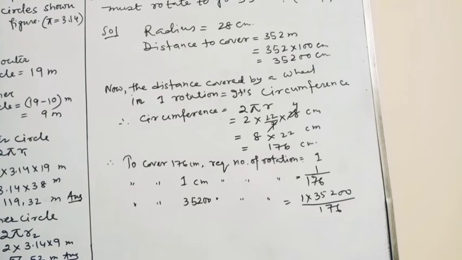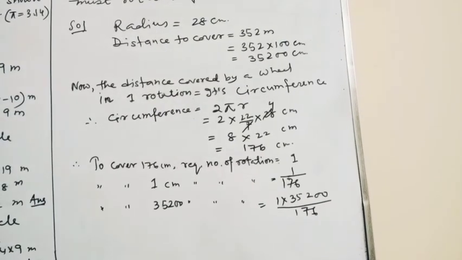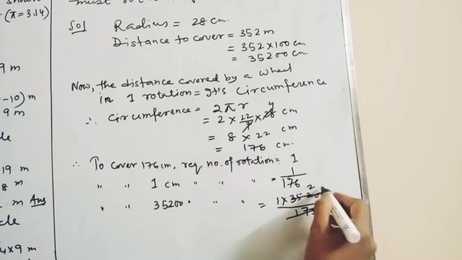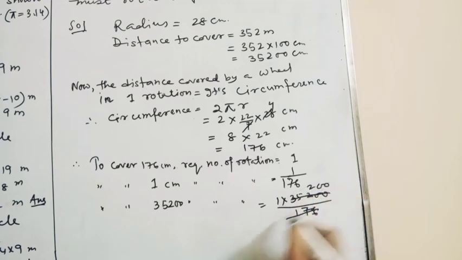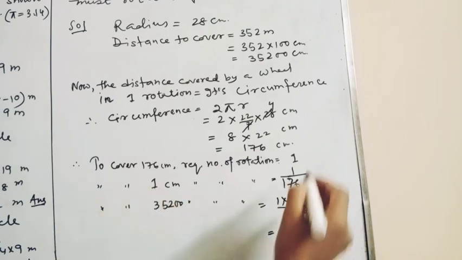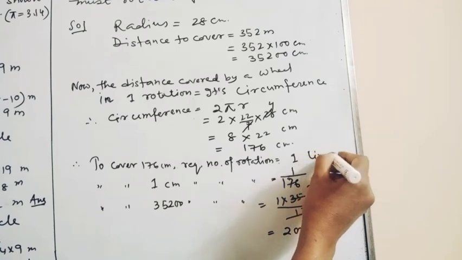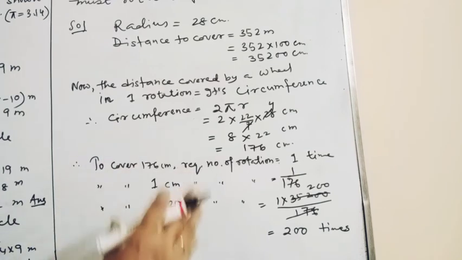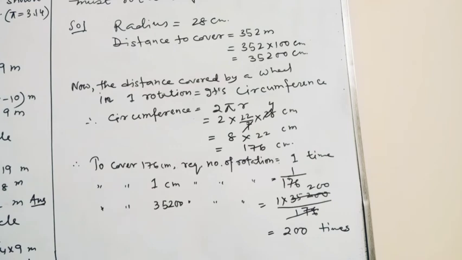If you divide, 176 into 2 gives 352, and then 2 zeros are there, therefore 200 times. So the number of rotation required is 200 times. I hope the sum will be easy for you if you watch the video properly and try to understand.